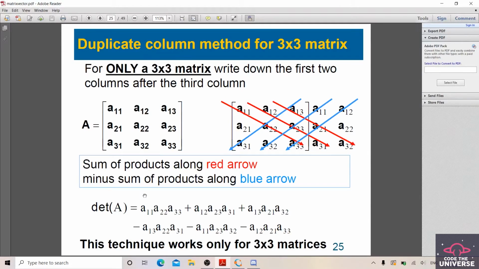So going for the determinant of a 3 by 3 matrix. Again, as I said, you're just going to hold this element A11, and then you're going to take this square of A22, A23, A32, A33, and do that cross multiplication step.